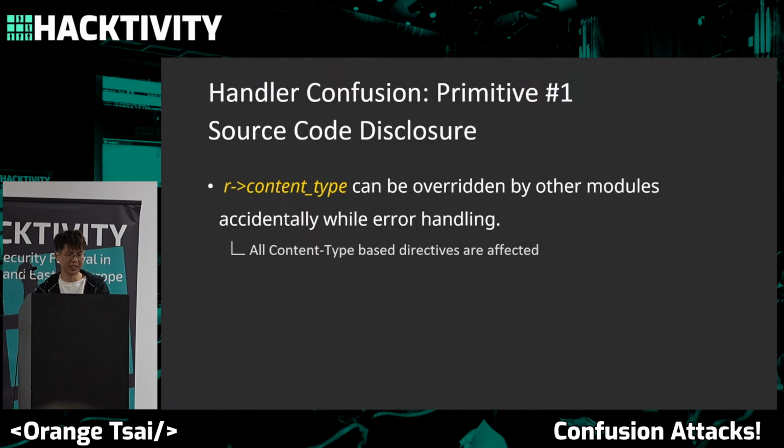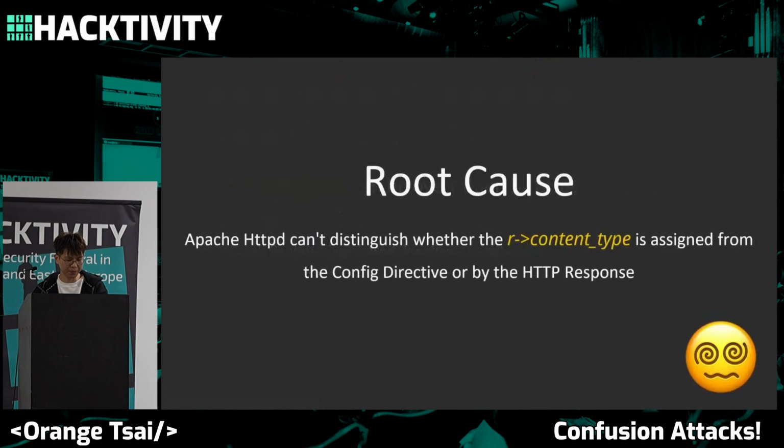So this is our first primitive of the handler confusion: to disclose any PHP source code by overriding the content type. However, if we think deeper, the nature of this vulnerability is actually caused by the fact that there are no clear guidelines for the use of the content type field. It can be set by configuration during the request or used as the content type header in the server response.